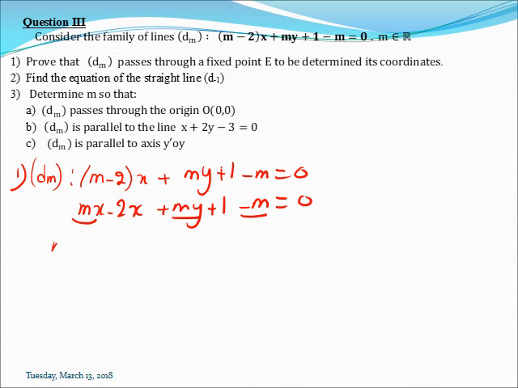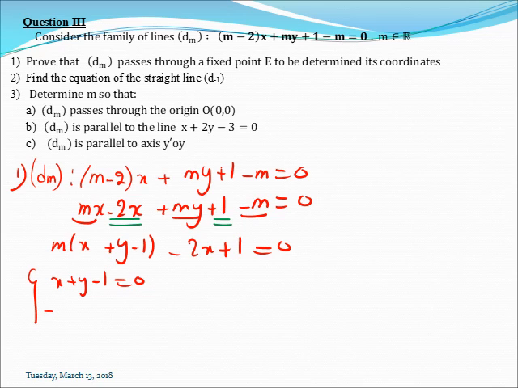Take m as a common: m times x plus y minus 1, minus 2x plus 1 equals 0. So x plus y minus 1 equals 0 and minus 2x plus 1 equals 0. Solve this equation. So x equals half and y equals half. The coordinate of A is 1 over 2, 1 over 2.